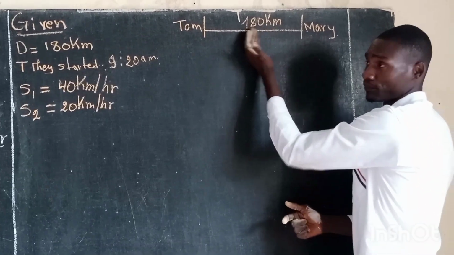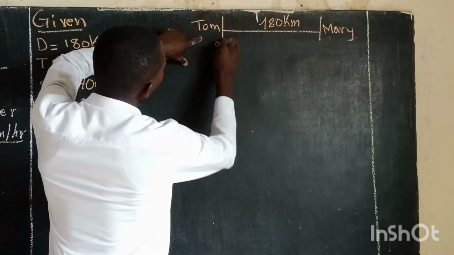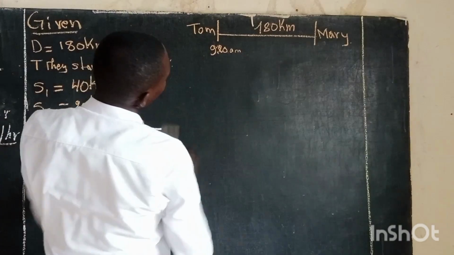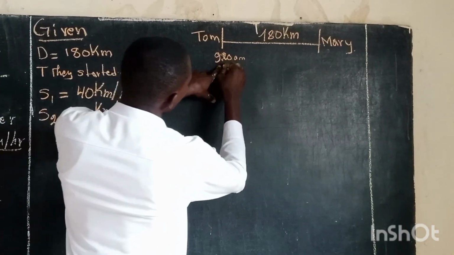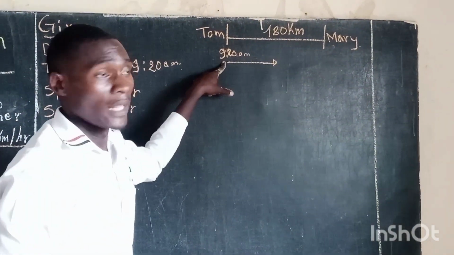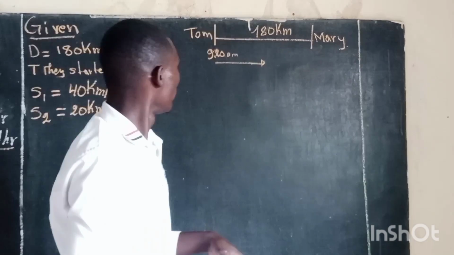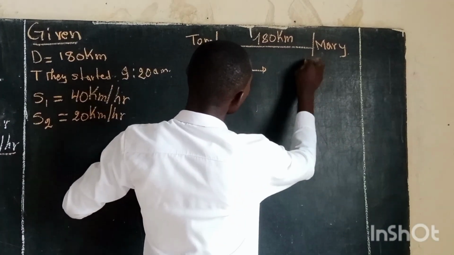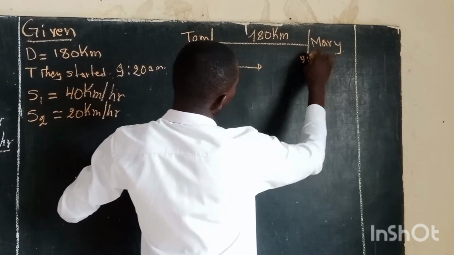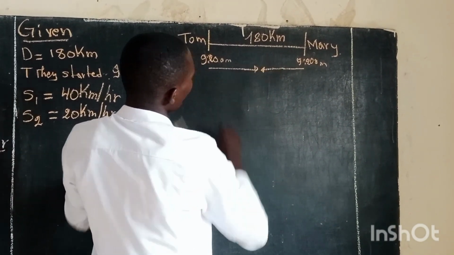We write it here. Then remember that at 9:20 a.m. Tom started to move towards Mary. They started moving at 9:20 a.m. So at this time, 9:20 a.m., Mary also started her journey.